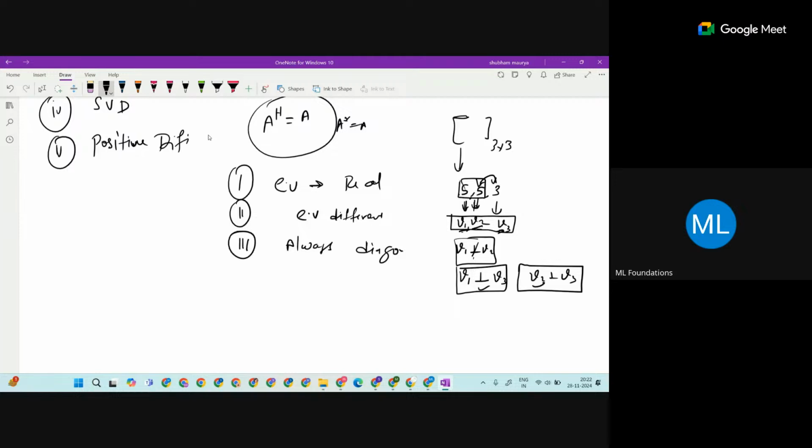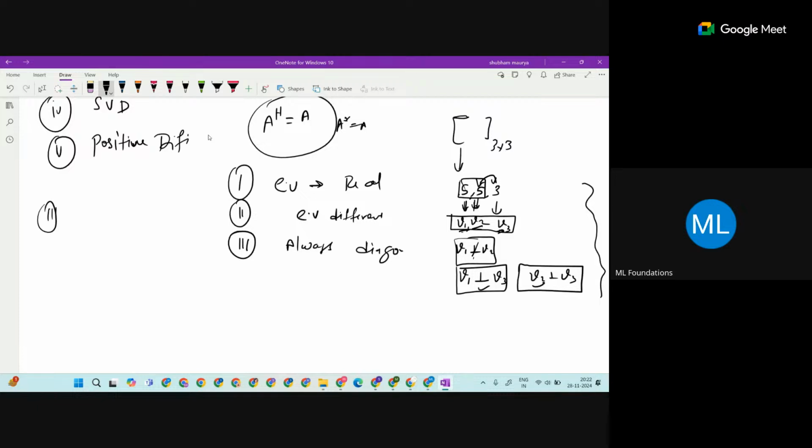This is a property of a Hermitian matrix, and it is one important property. If you check previous GATE-type question papers, you will see that at least one option would be based on this.